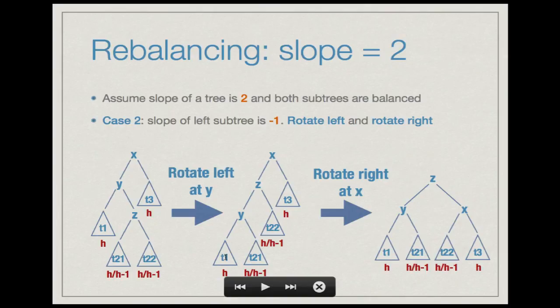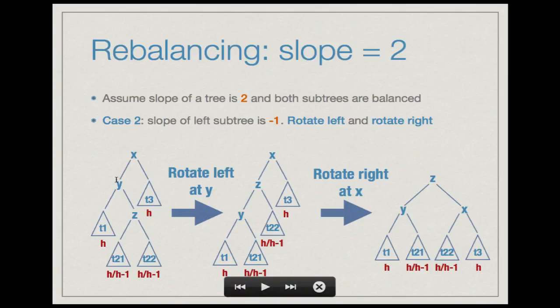You have T1, which was the original left subtree of y, still being the left subtree of y, but you have T21, which was originally to the left of Z, now to the right of y. Z has moved up and become the parent of y, and T22 is, as before, the right subtree of the tree rooted at Z.